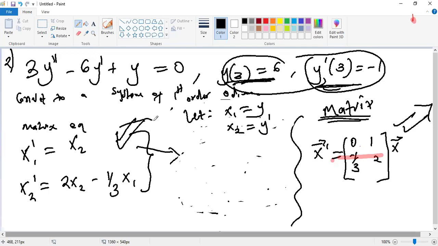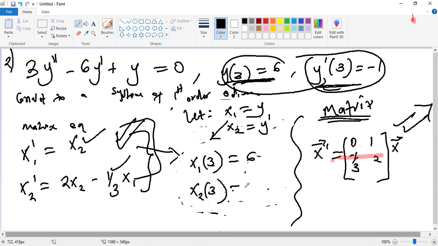So when we are converting this system into new variables, that is x2 and x1, then also the boundary conditions will be converted. So if x1 is equal to y, meaning y of 3 is x1 of 3, which is 6. And x2 is equal to y prime, meaning y prime of 3 is x2 of 3, and it is equal to -1. This is directly from replacing the variables. I hope we are together on that.